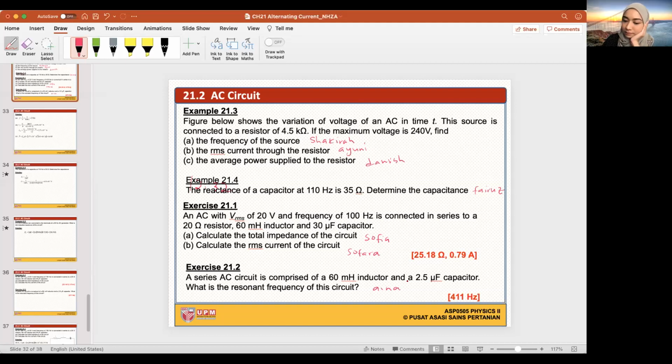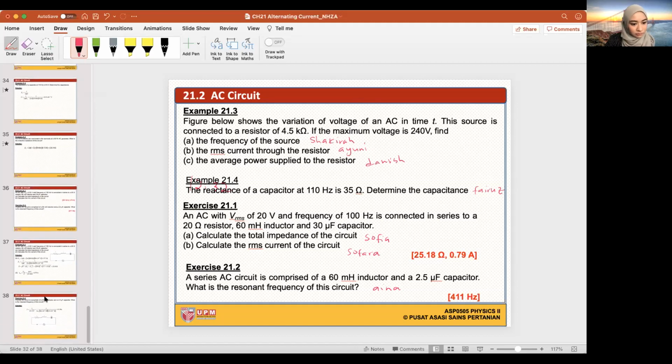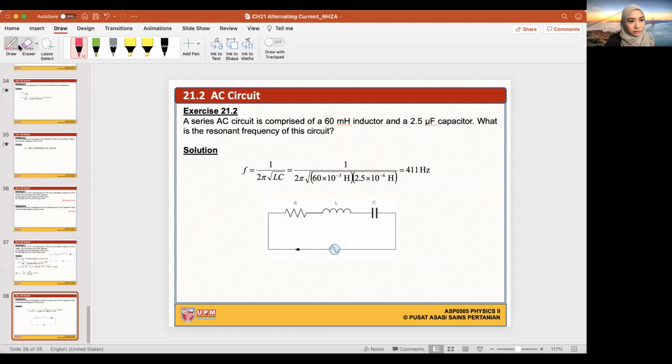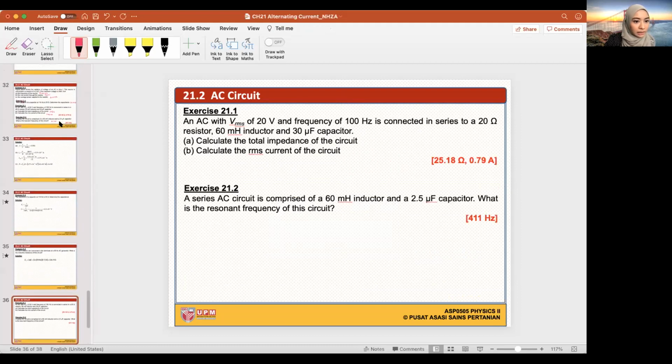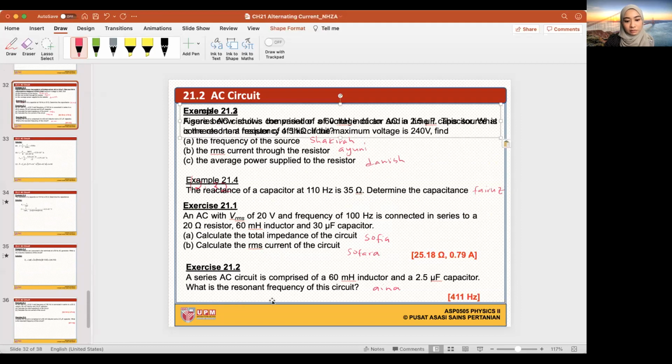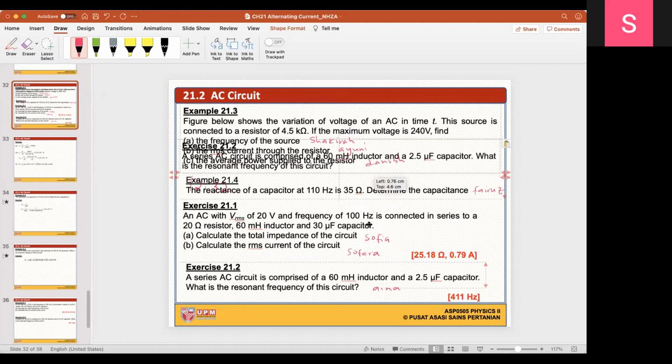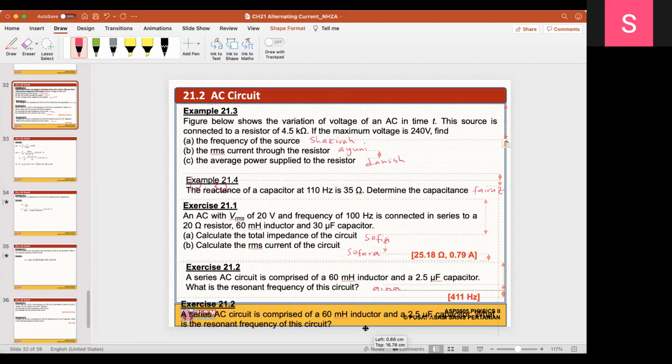Aina ada tak? Is Aina there? Aina tak ada? Is Ideal there? Dah saya tak pernah dengar suara Aina dengan Ideal ni. Oh, Ideal pernah.